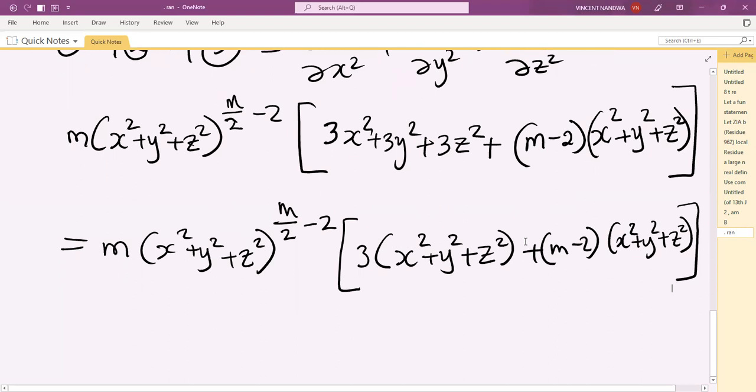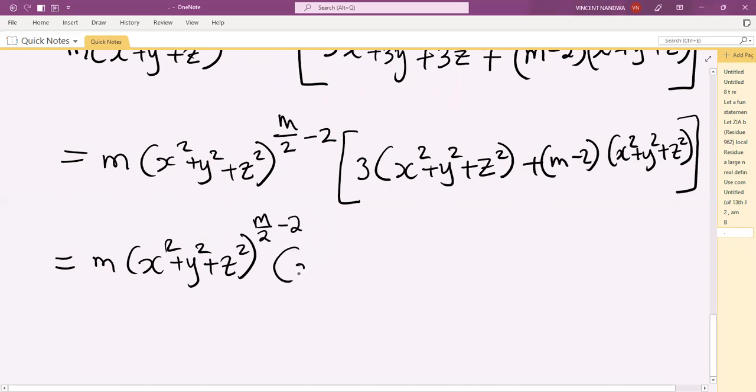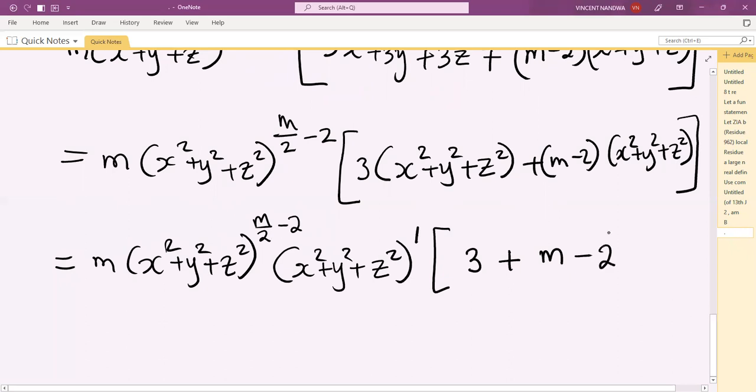And you see in this square bracket, I also have a common factor of x² + y² + z². So factoring it out, I have m into (x² + y² + z²)^(m/2 − 2), and then (x² + y² + z²) raised to the power 1 into [3 + m − 2]. So that's what we'll have.